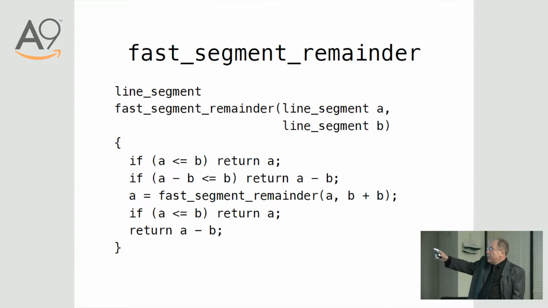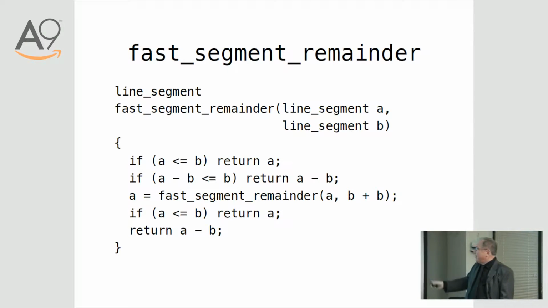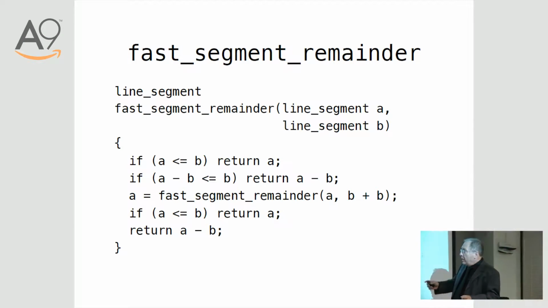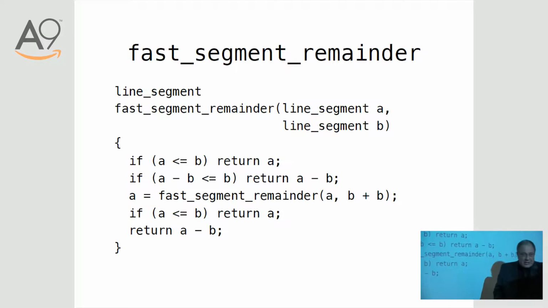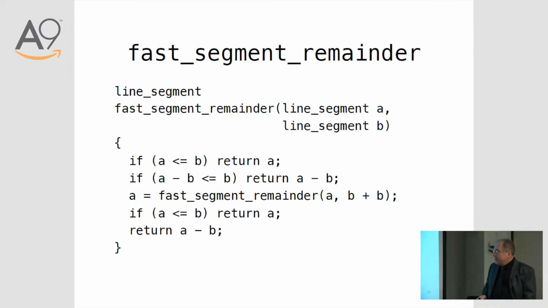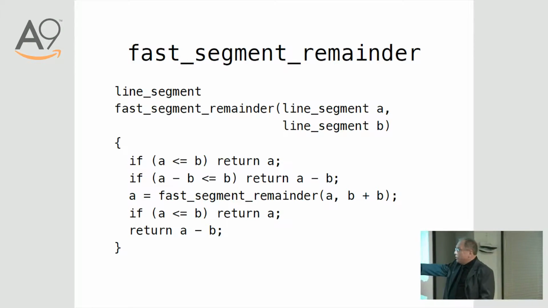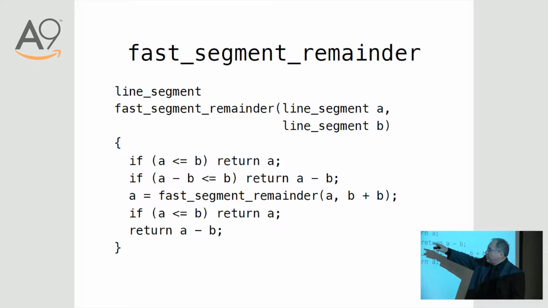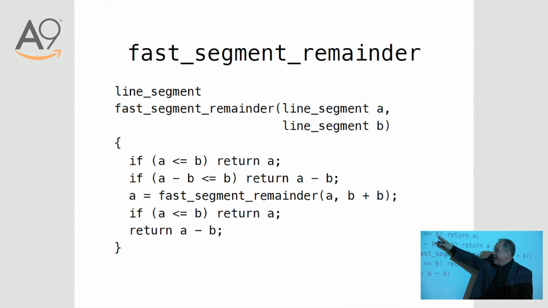Let's just read the code. So we say that if A is less than B, we return A. Okay. Then we say if A minus B, we take it once, is less than B, and we can do it, by the way. Observe that we have very good guards here. We know now that A is greater than B after the first line.